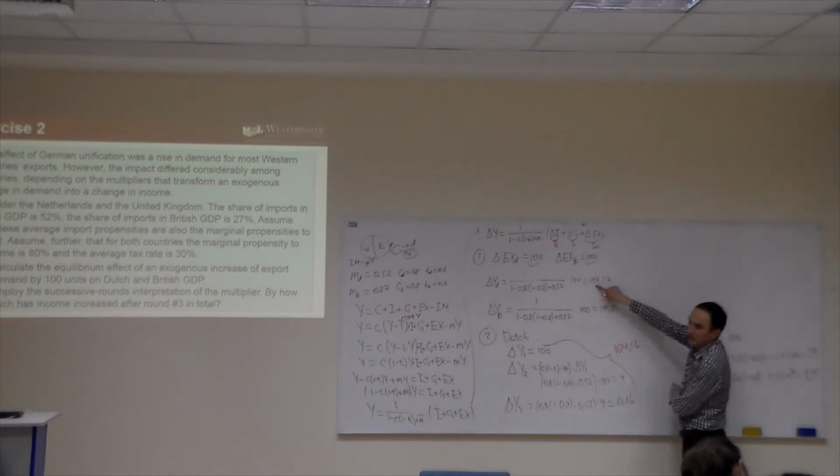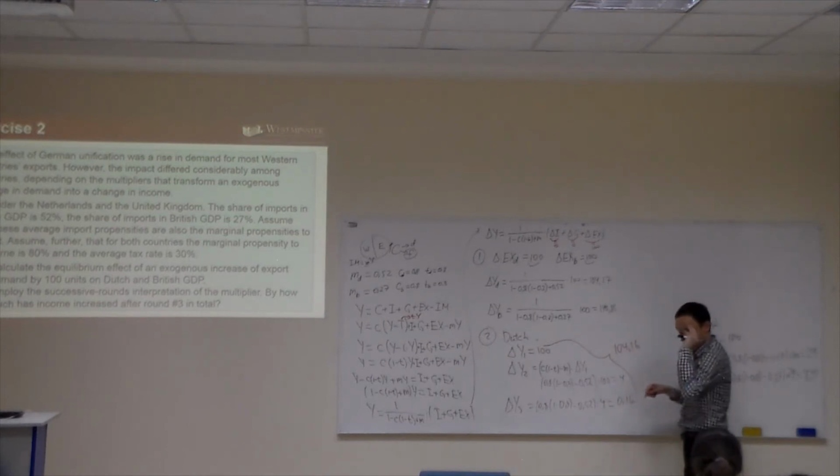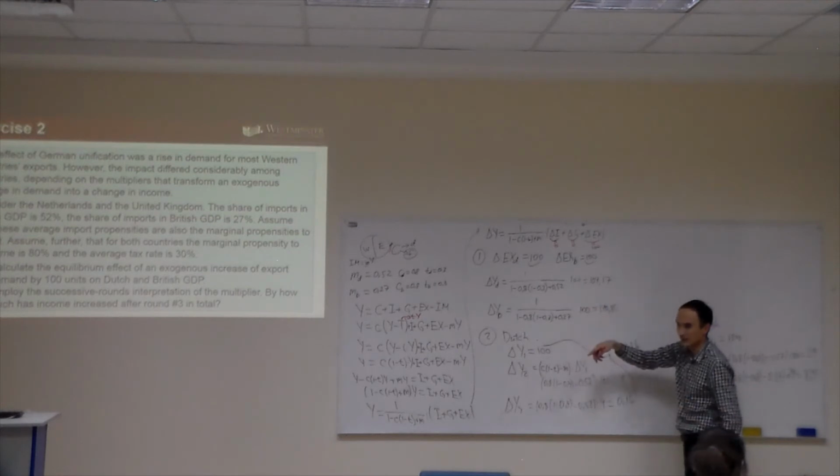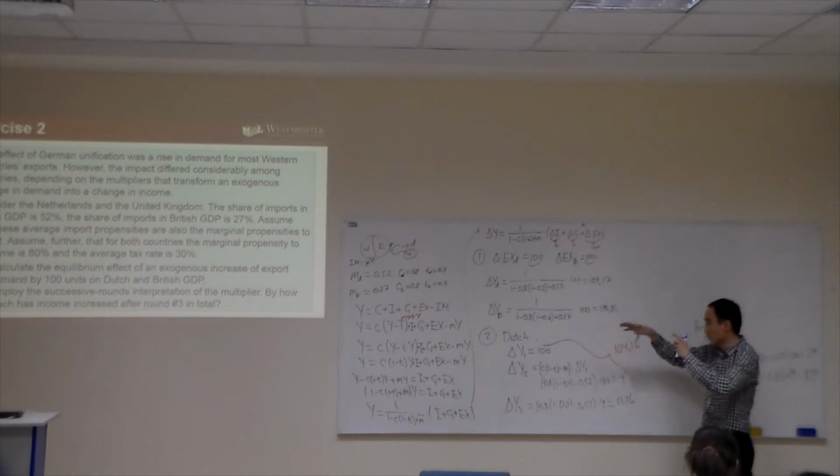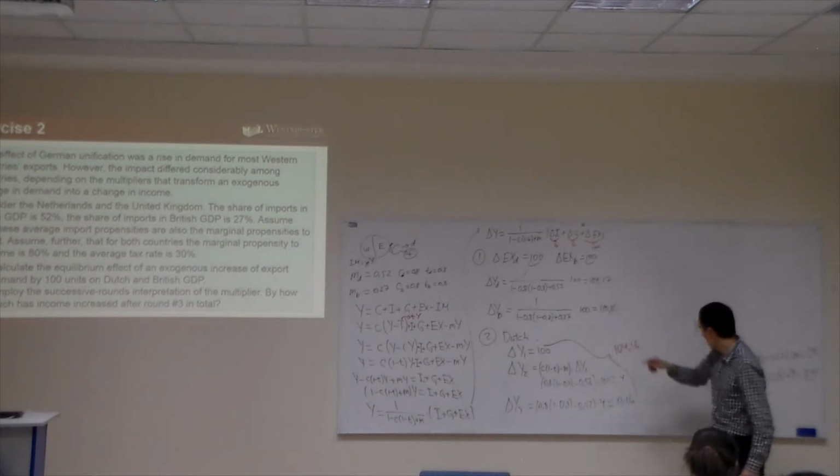What is the total multiplier effect? 104.17, which means that just 3 rounds explain almost 99% of the multiplier effect. In those 3 rounds, it has already almost reached that level, okay?